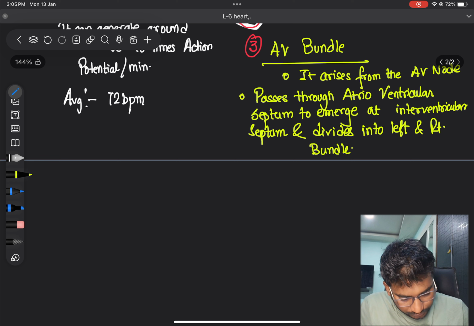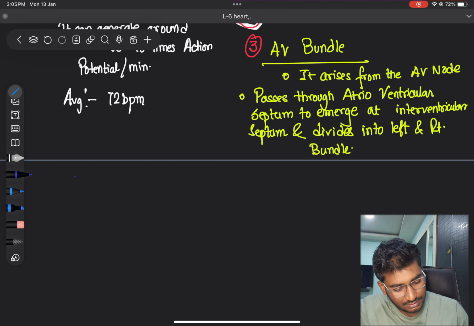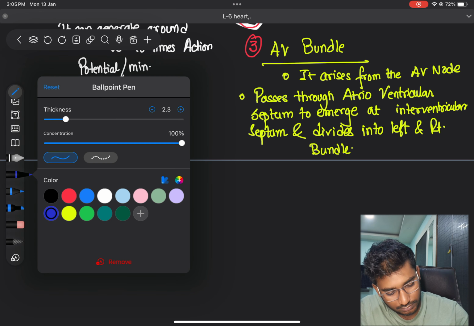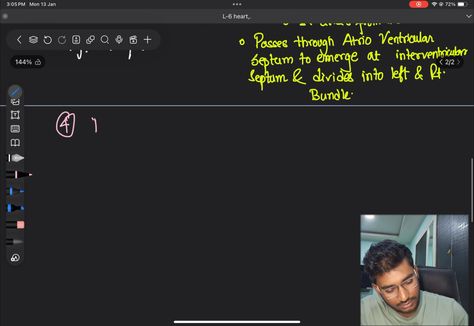Now come to the Purkinje fiber. The last one is the Purkinje fibers.